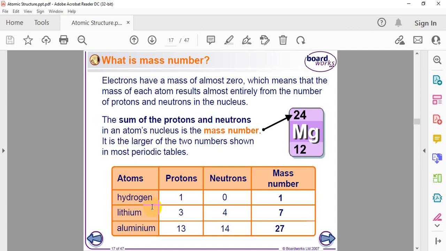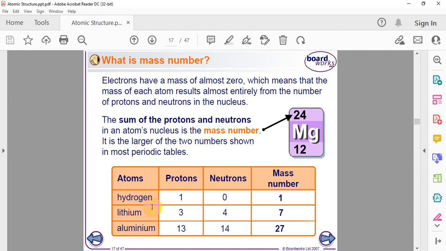Because electrons stay on the orbit, they are always flying, and a flying substance is not supposed to have weight. It's not supposed to weigh so much so that it can fly. So electrons are in orbitals. If their weight were heavy, they would crash into the nucleus. So their weight is almost zero or negligible.